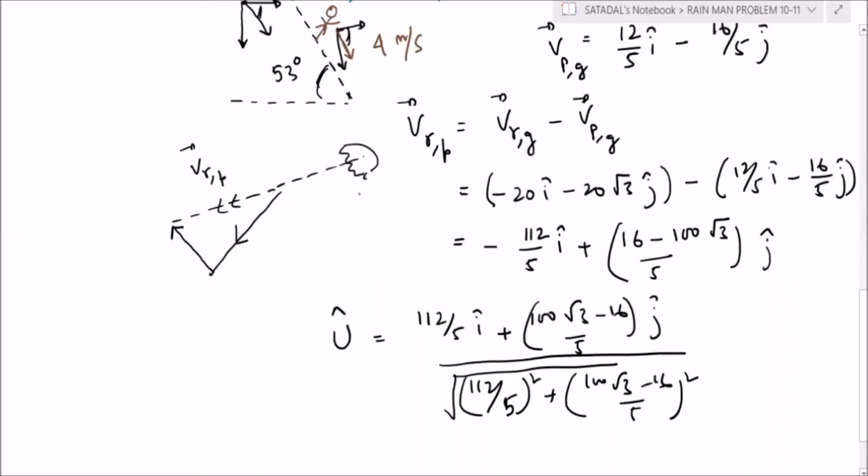So this I'm calling U cap, right? If you take the X component of U cap, is it plus or minus? Plus, sir. If you take the Y component of U cap, is it plus or minus? Positive, sir. That's why I have taken both positive. Now it is clear? Yes, sir. Got it.